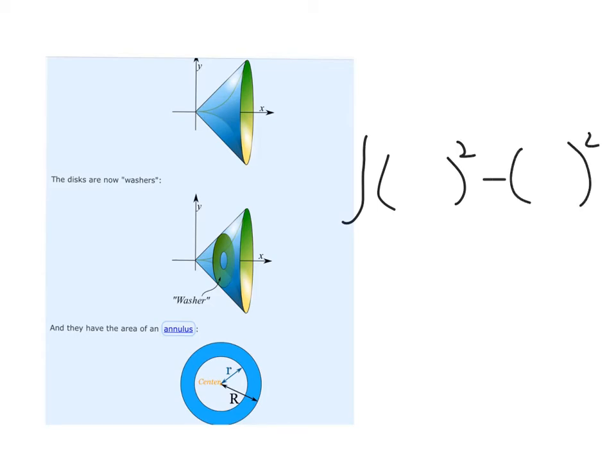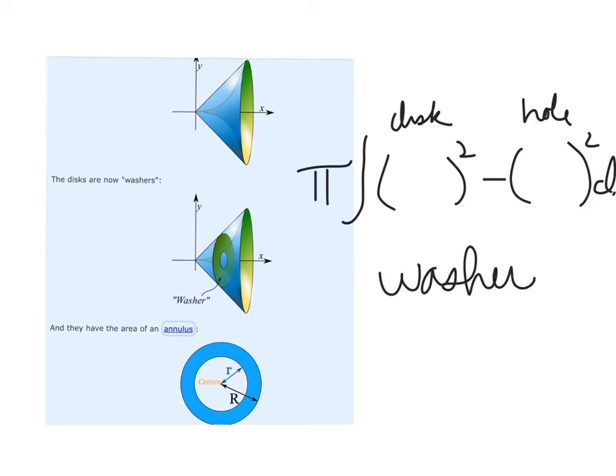So the whole disk minus the hole, they're both circles, because we could write them separately, right? So we would have pi r squared minus pi r squared, and this is a washer. So if you look, it looks like a washer. So you've got the outer minus the inner.